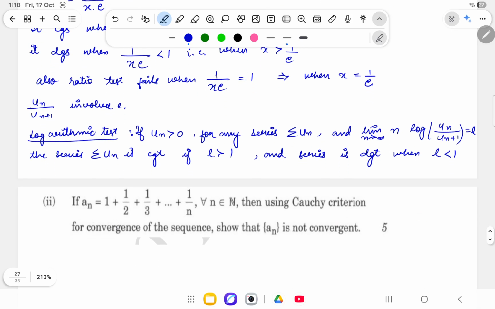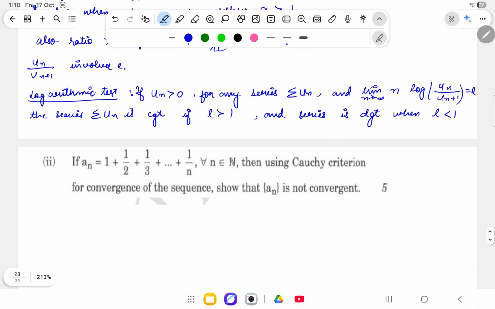And also the test fails when L is equal to 1. So in that case we need to use another test.